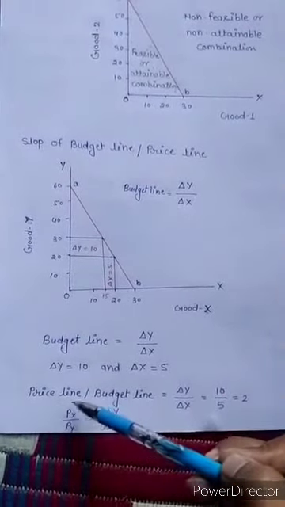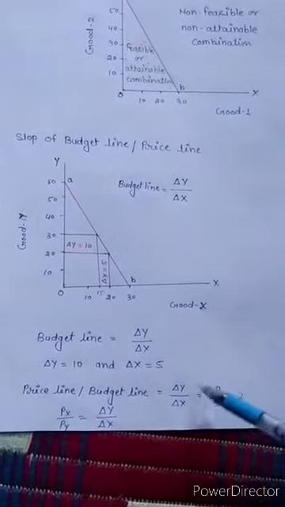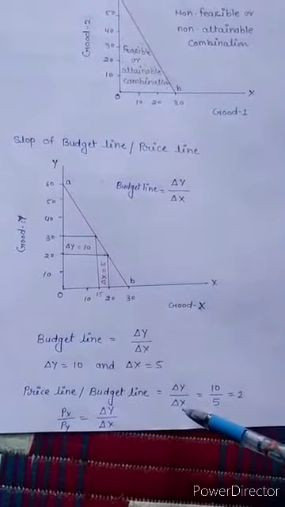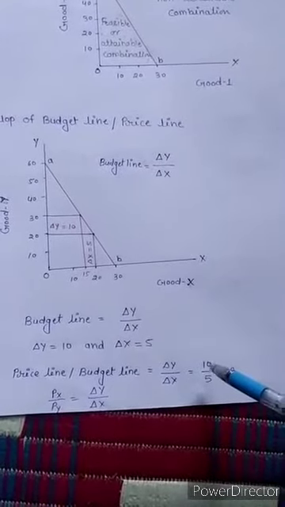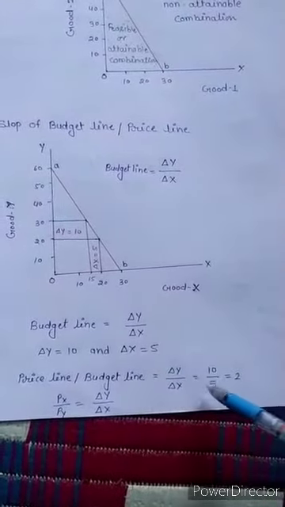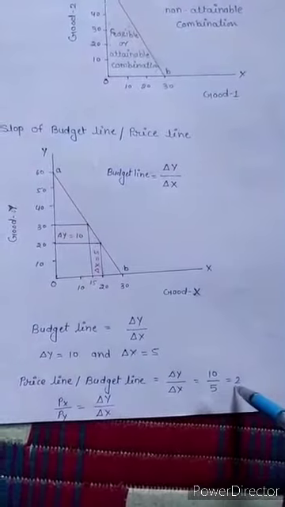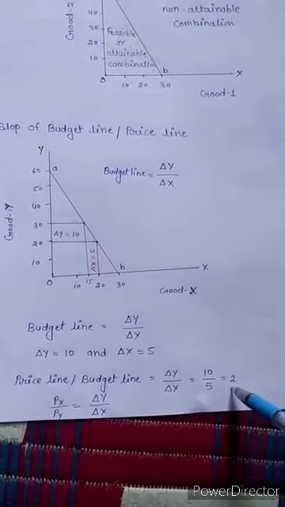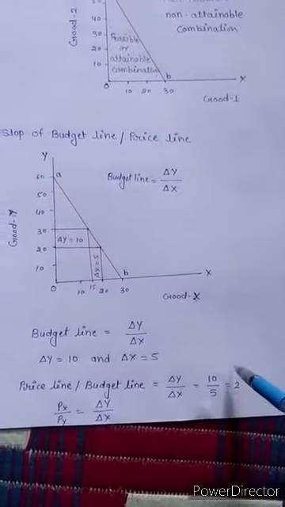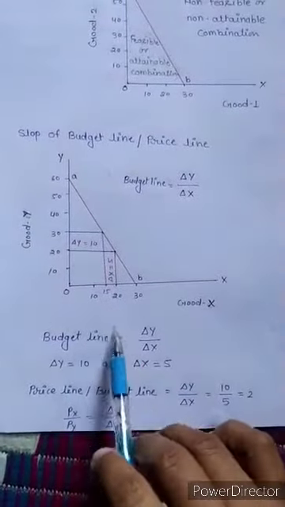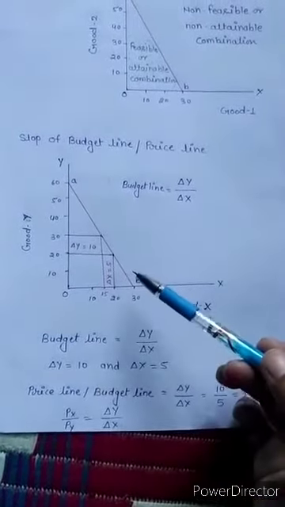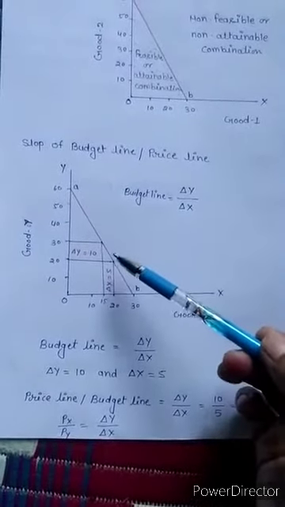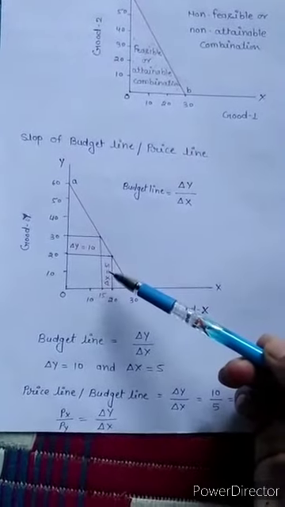Thus the price line or budget line slope is equal to delta Y upon delta X. Here delta Y is 10 and delta X is 5. The price line or budget line is equal to 2. It means to get one excess unit of X commodity, the consumer sacrifices 2 units of Y commodity.